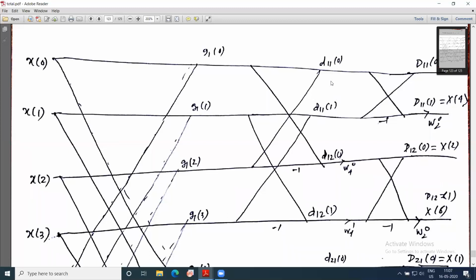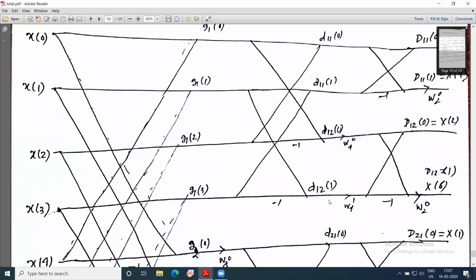Like that, in the second stage you will get D11 of 0, D12 of 0 and D12 of 1. And definitely if you write W4 here, that will be better. So we will write W4 and W2. However, it means that from this line on this line, there is no other multiplication, but W41, D1 will be the output here.